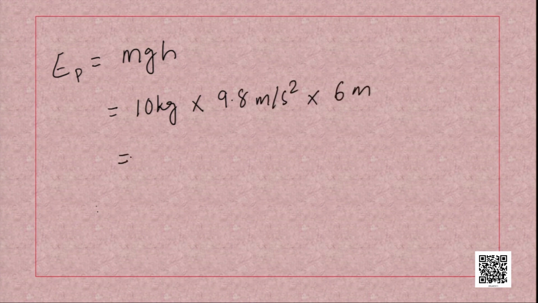If you solve it, we will get a value of 588 joule. That means an amount of 588 joule potential energy is possessed by that object when it is raised to a height of 6 meter. I hope you understood this part.